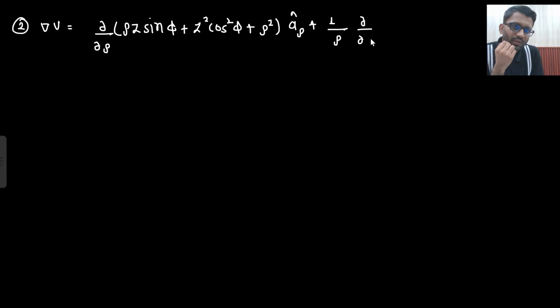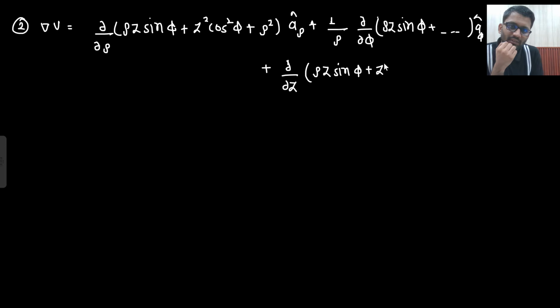So rho d phi, and then the same thing will come, rho z sin phi. I'm not going to write everything, okay. I can differentiate in my head. So that's it, and then a phi cap plus d by dz of rho z sin phi plus z square cos square phi plus rho square, az cap will come.